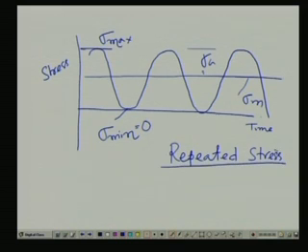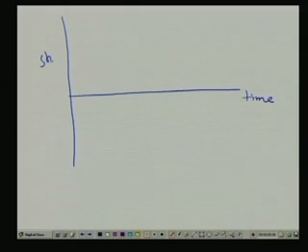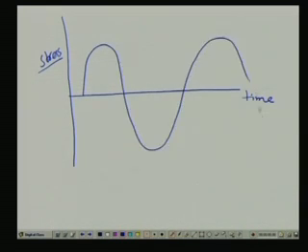So, this is a repeated stress or repeated load, and another one we can think of is a situation that comes out something like this. This is the time axis, this is the stress axis, and we have some loading situation like this.